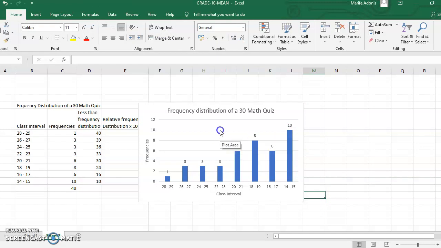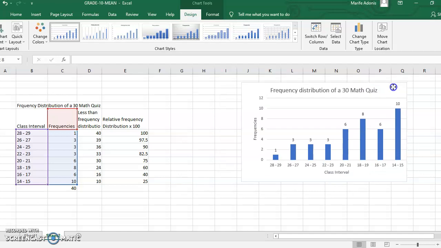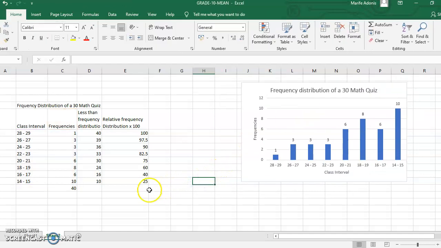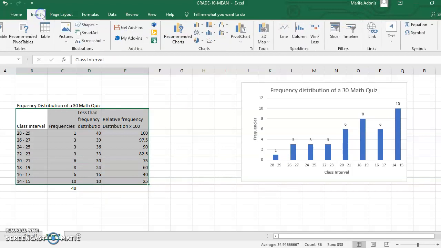Then, we can use another, ibang chart naman, no? Okay, so paano naman pag sinama natin to? We will compute for the, ayan, histogram. Gagawa tayo ng histogram. So, insert natin to.